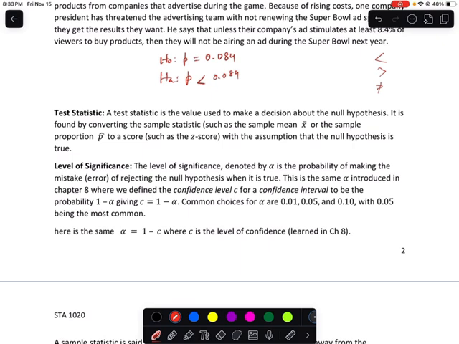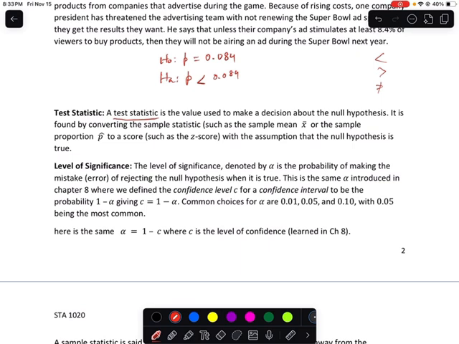Okay, so once you understand how to write the null and the alternative hypotheses, then we move on to learn what a test statistic is and how we compute it. A test statistic is the value used to make a decision about the null hypothesis.